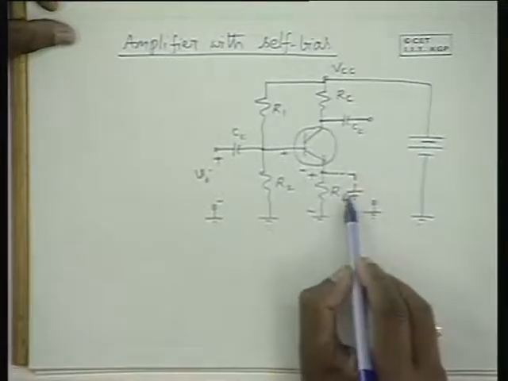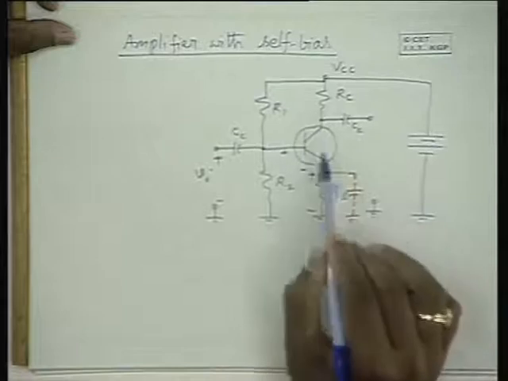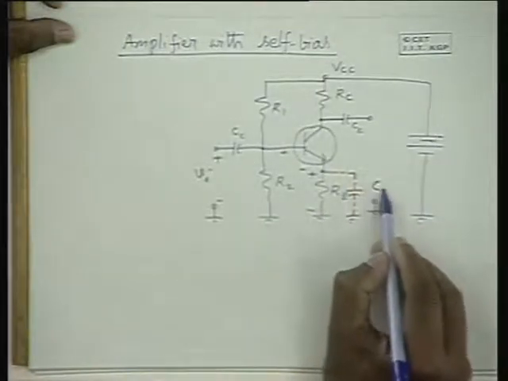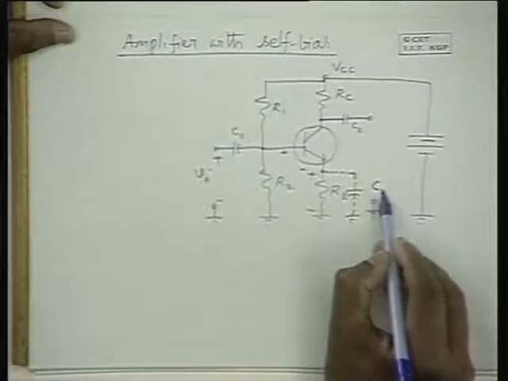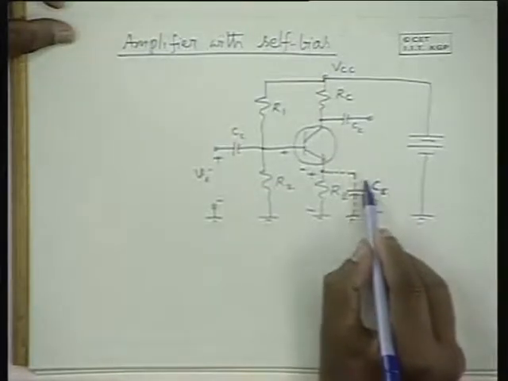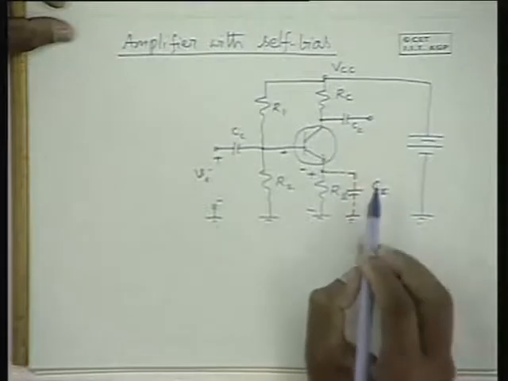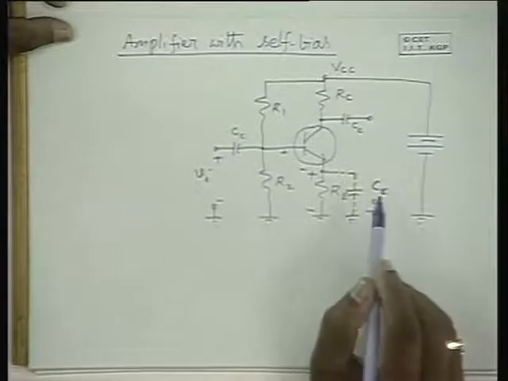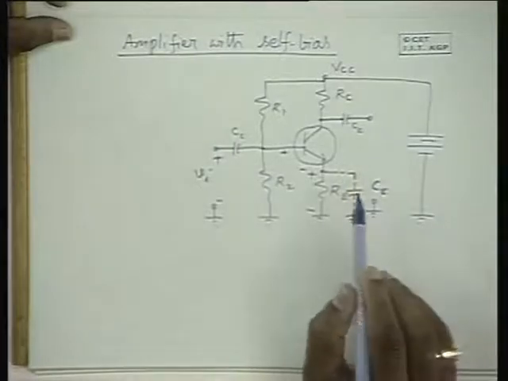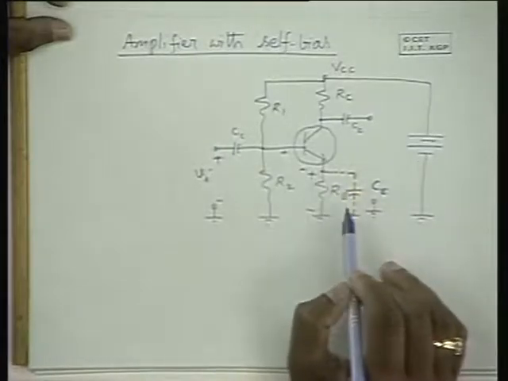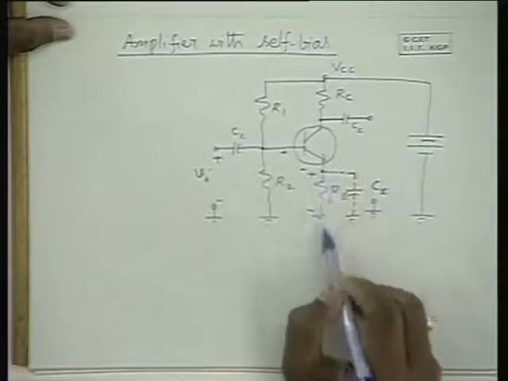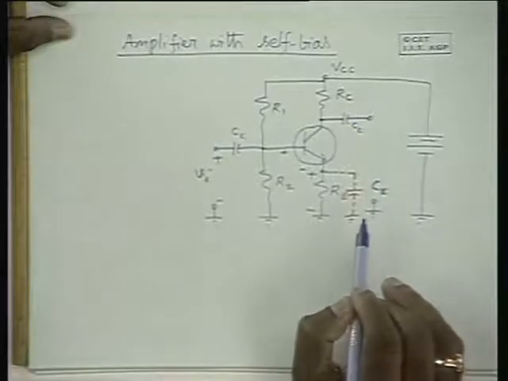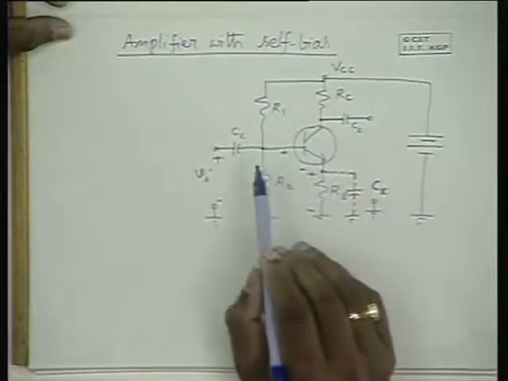If you introduce a capacitance here, as far as alternating signals are concerned, and if the capacitance is large, let me use the symbol CE here, large enough to make its impedance negligibly small, you can treat it as a short circuit as far as alternating signals are concerned.